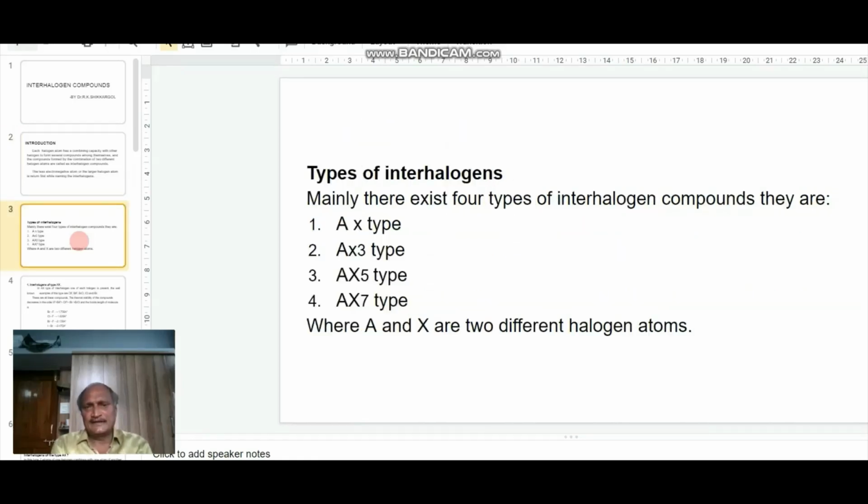Types of interhalogens: mainly there exist four types, AX, AX3, AX5 and AX7, where A and X are two different halogen atoms.